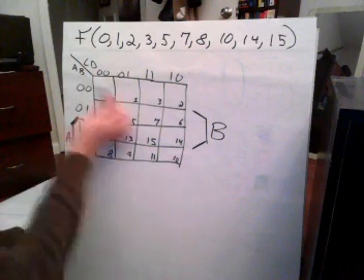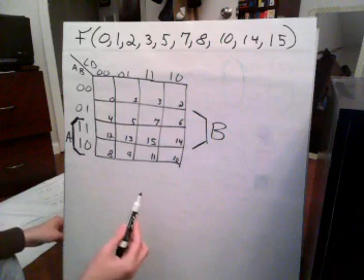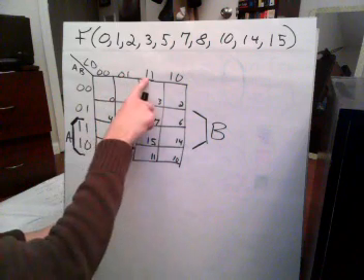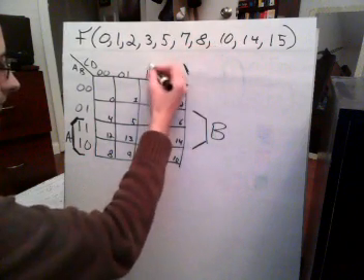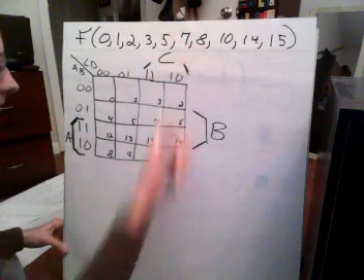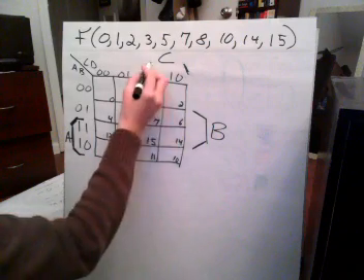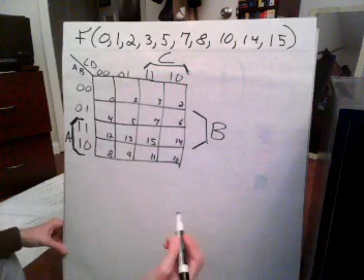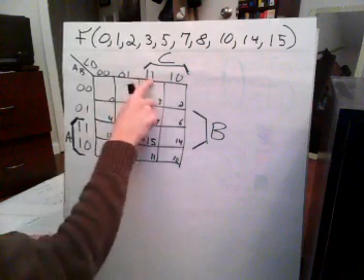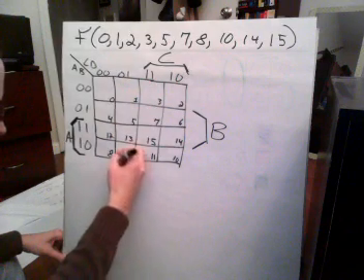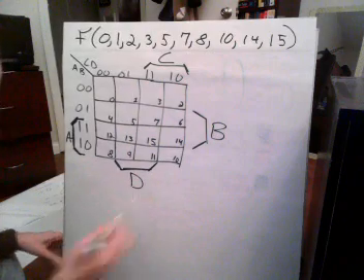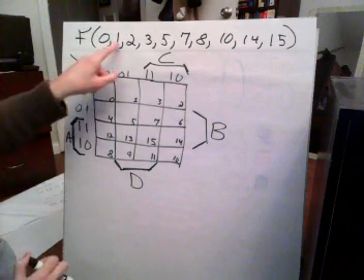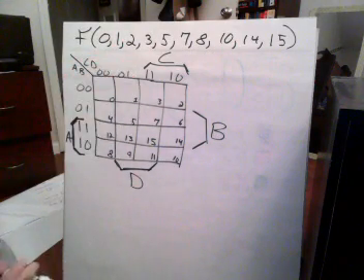Now we can start doing the columns. So we have C is equal to 1 in both of these. And we have D is equal to 1 in the 2 center columns here. Now let's start inputting our values.